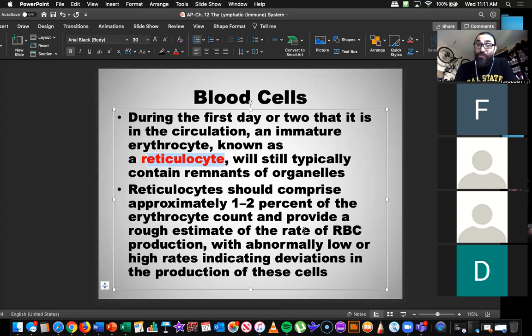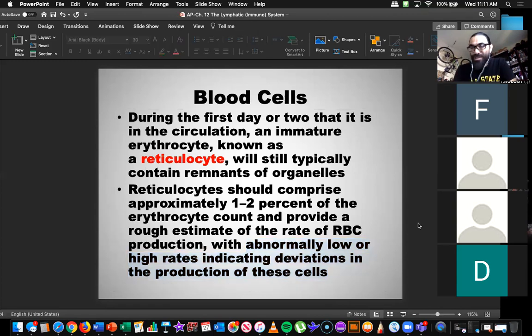And so if you have a low reticulocyte count, what that indicates to doctors is that you probably are producing low levels of red blood cells, and that can lead to things like anemia, for example, right? And so if you're not aware, anemia is basically an iron deficiency. And this is one of the ways that doctors can indicate that, right? So that's an unrelated health problem, but it is still technically a lymphatic pathology.